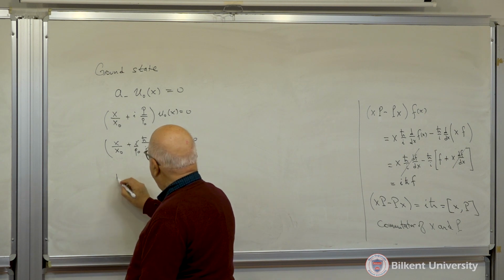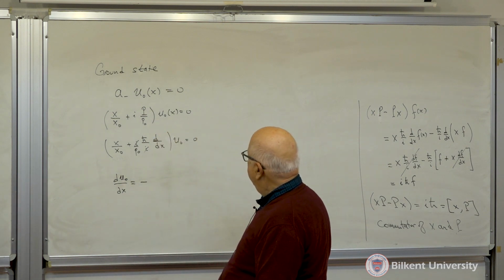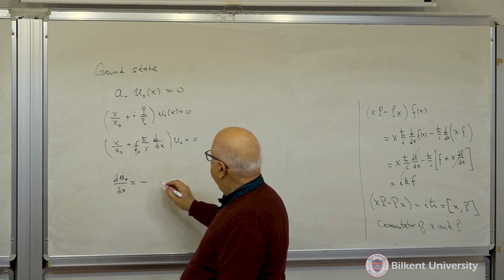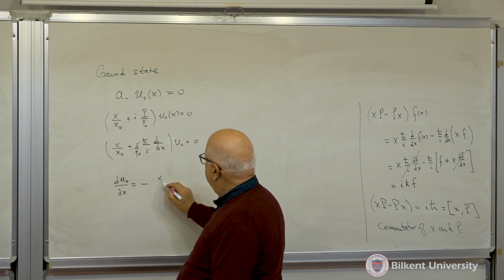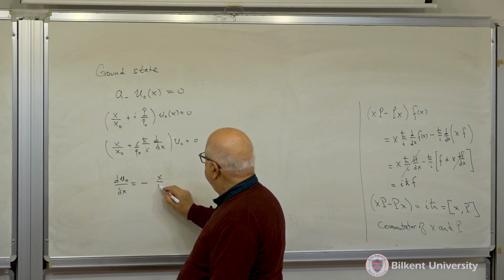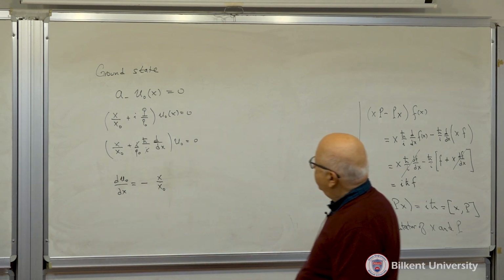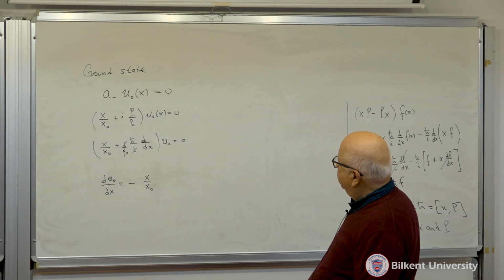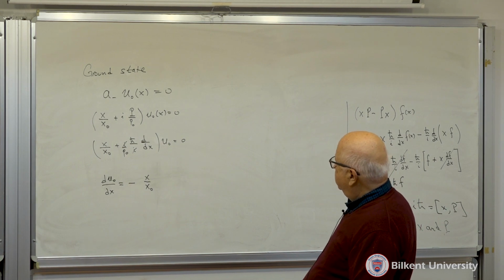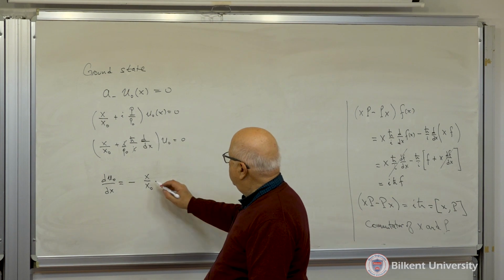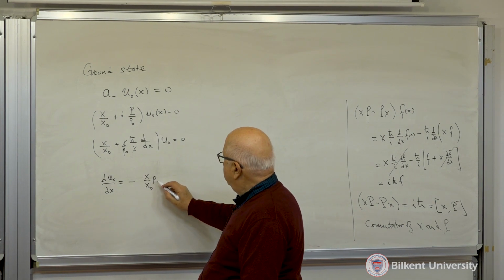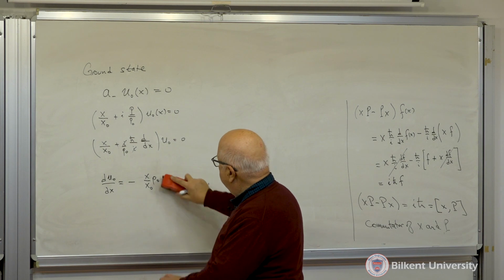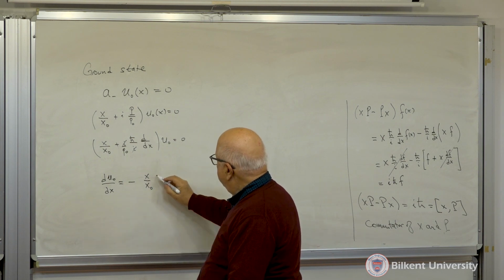Sorry. du0 dx is equal to minus x over x0, right, and p0 over h bar, p0 over h bar u0.